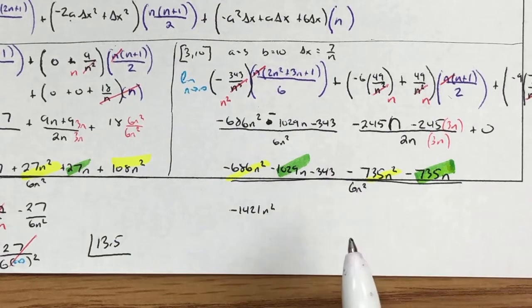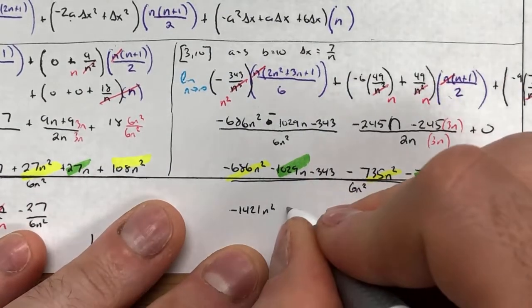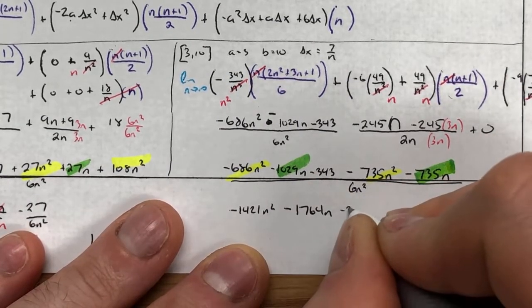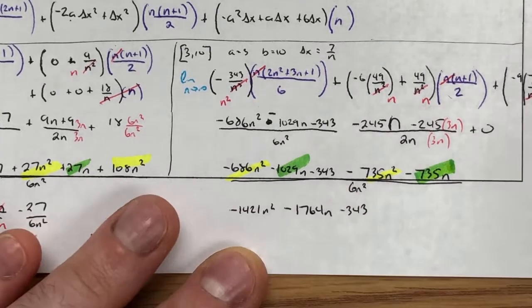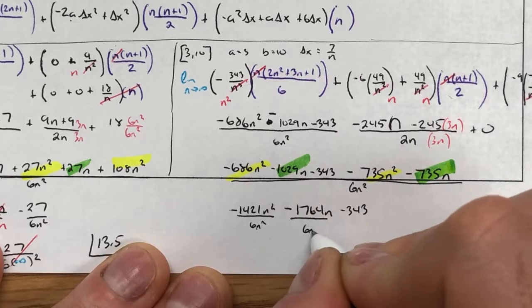I have both negatives. 1029 and 735 are going to give me 1764. Awesome. Each over 6n squared.